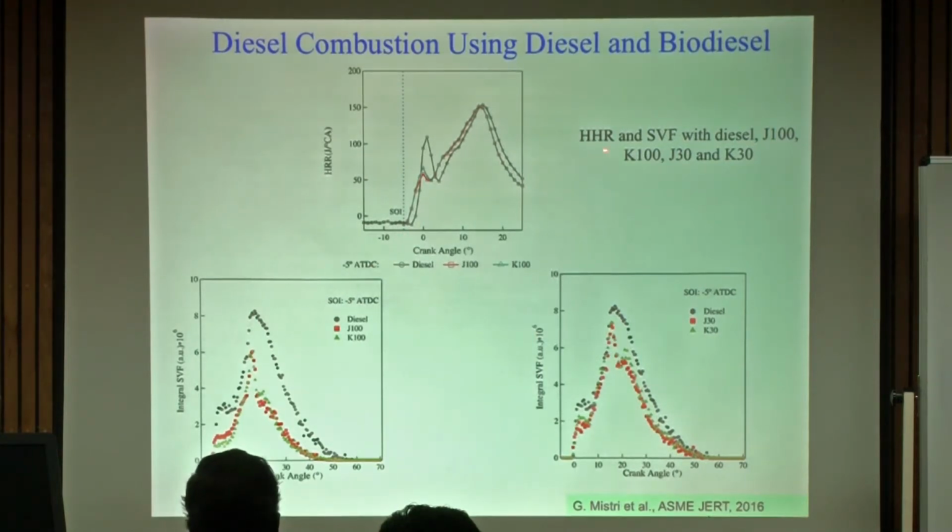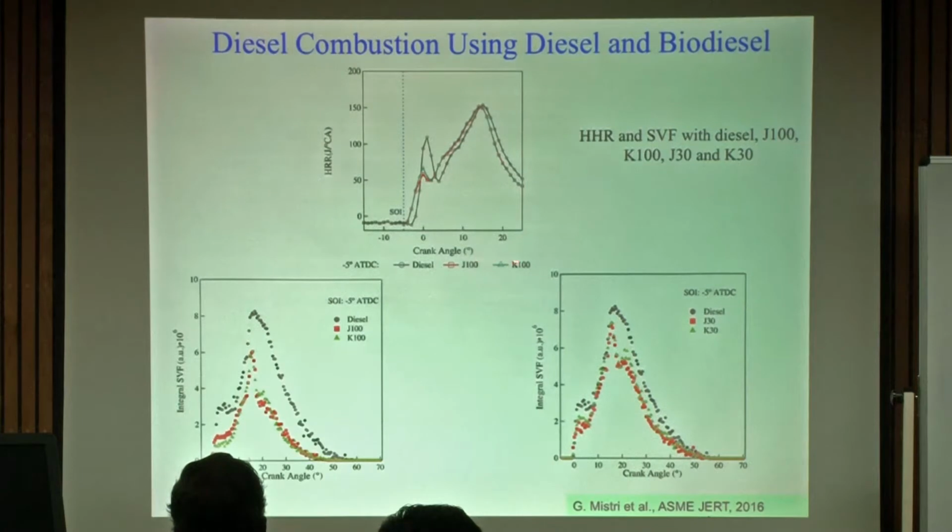This heat release is shown for diesel, and then J100 is the Jatropha-based biodiesel. This is the Karanja-based. So there were two different biodiesels.